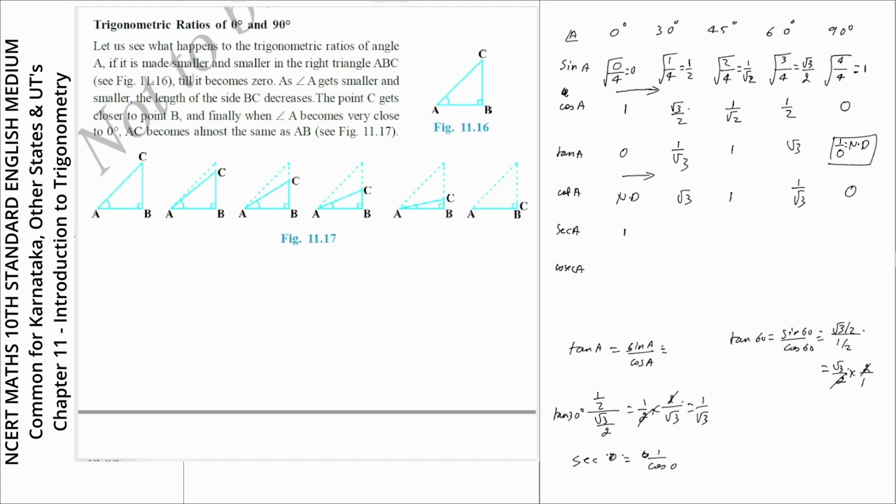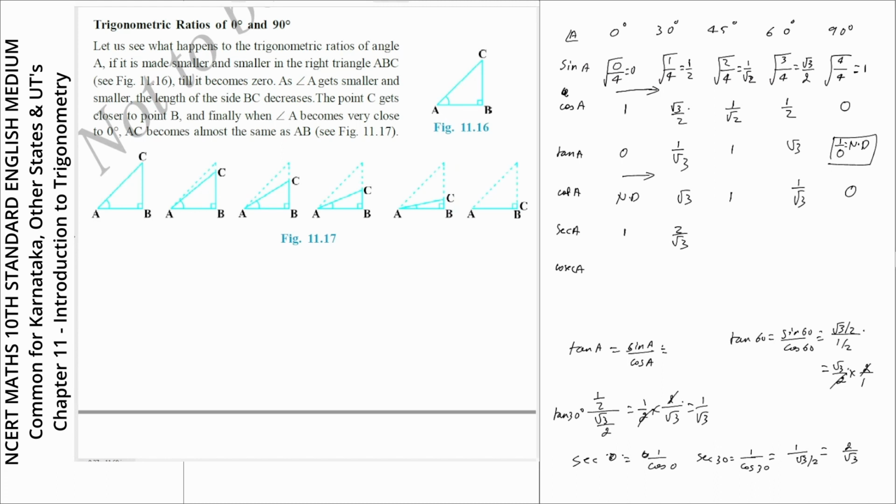So secant of 30 is 1 divided by root 3 by 2, I will get 2 by root 3. Secant 30 is equal to 1 by cos 30, and cos 30 is root 3 by 2, so this is equal to 2 by root 3.